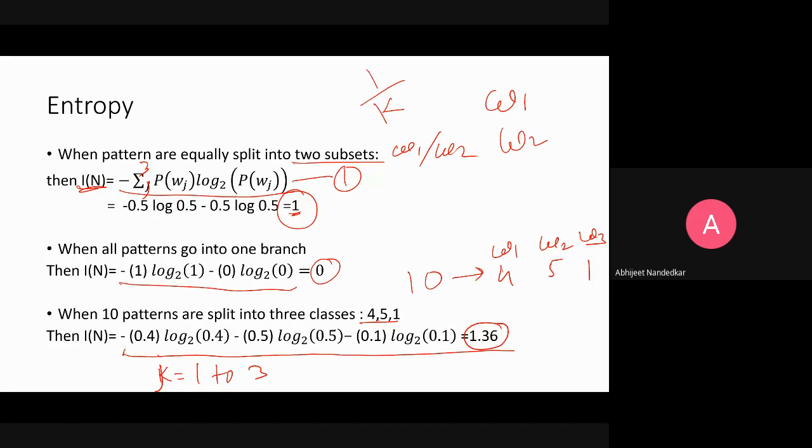I should say p_i, so that we will not get confused: for the ith class, p_i is equal to 1 over k, provided k is the number of classes.